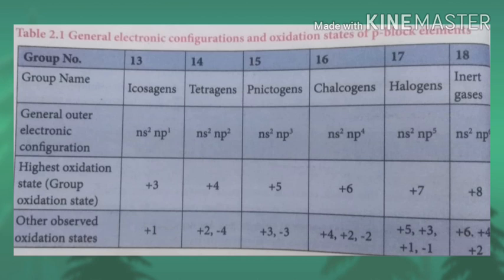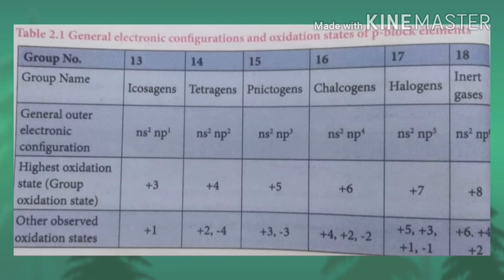From 13 to 18, the final electron enters into the P block. Group 18, the inert gases, have completely filled orbitals, with the configuration ns2 np6. Because it is completely filled, these elements are highly stable and have very low reactivity. Because it is completely stable, we can't remove an electron and we can't add an electron.